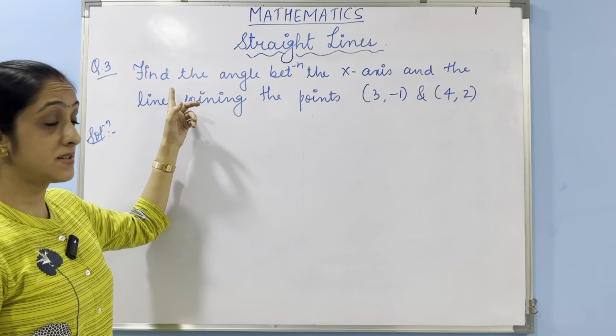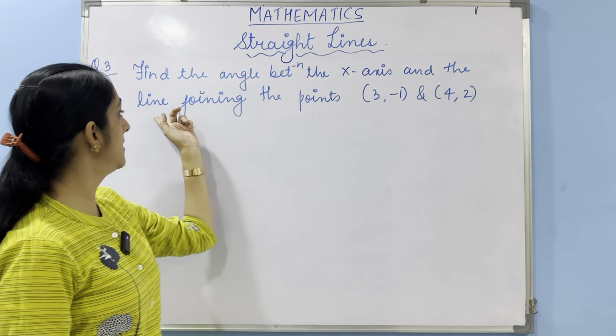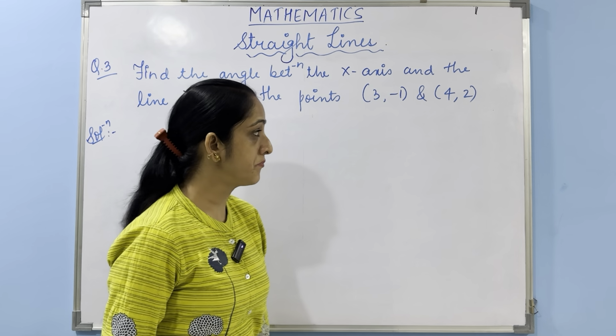The next question is, find the angle between the x-axis and the line joining the points 3 comma minus 1 and 4 comma 2.